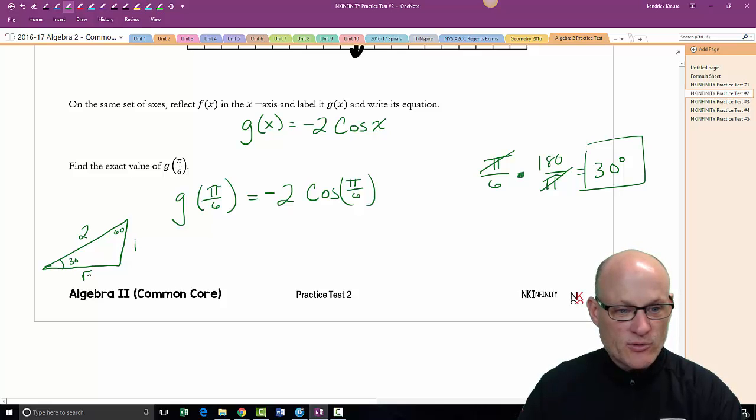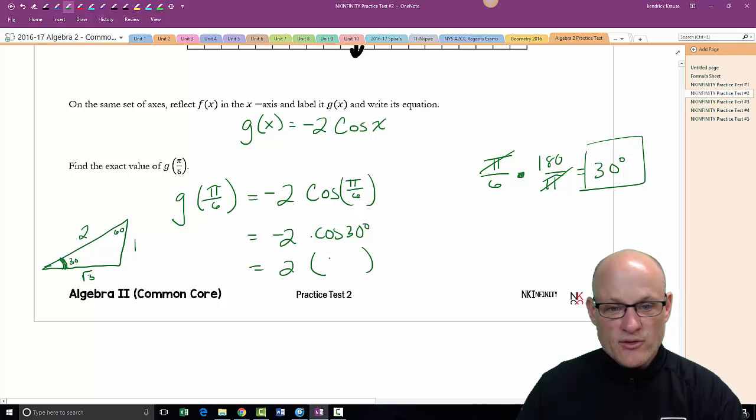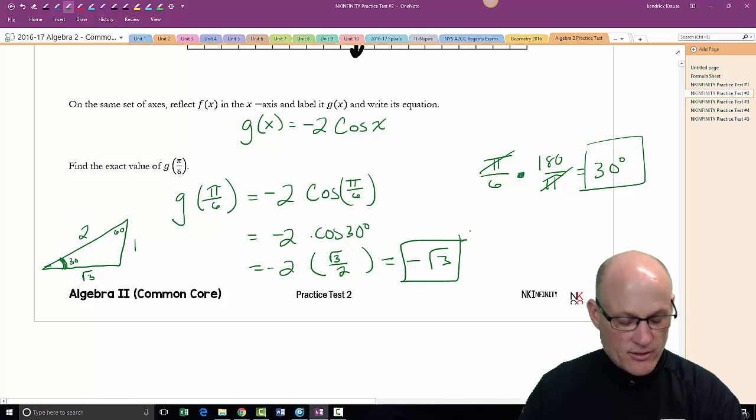Opposite to 60 is the square root of 3. Cosine is adjacent over hypotenuse. So this is going to be equal to -2 times the cosine of 30 degrees, which is equal to -2 times the square root of 3 over 2, which is equal to the negative square root of 3.